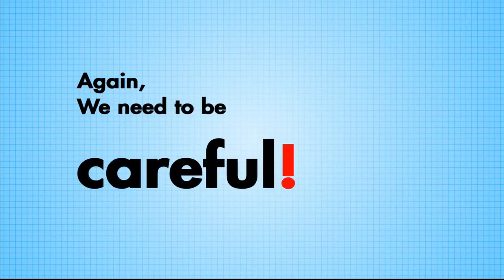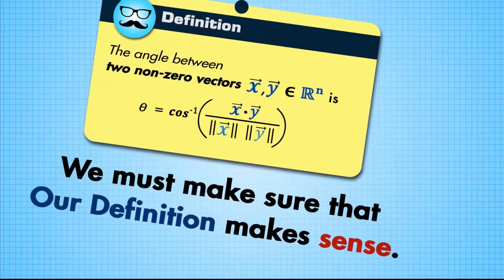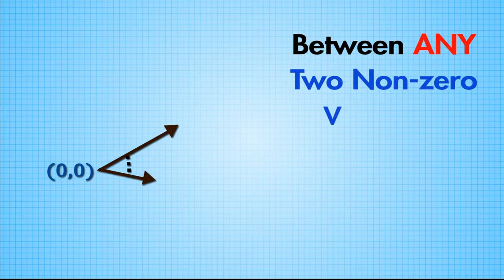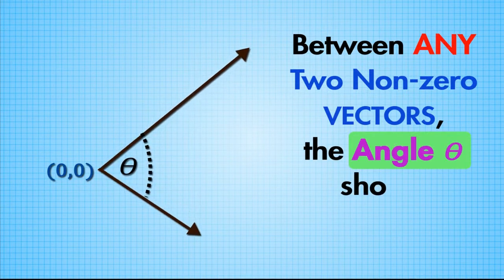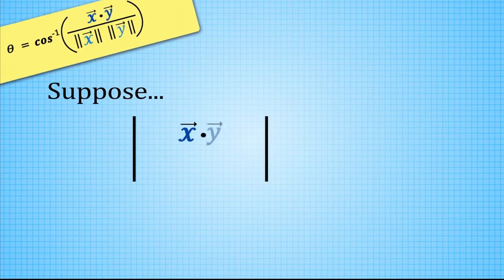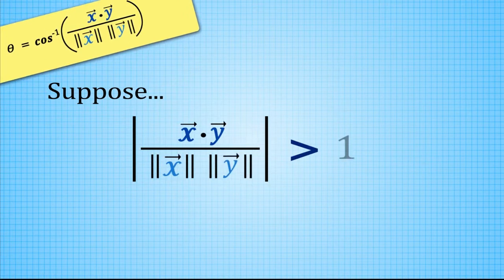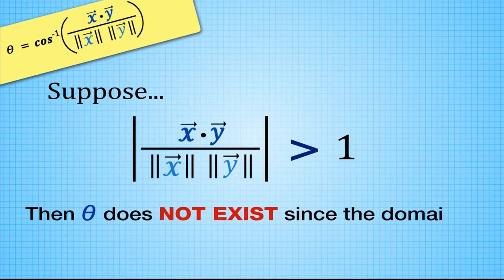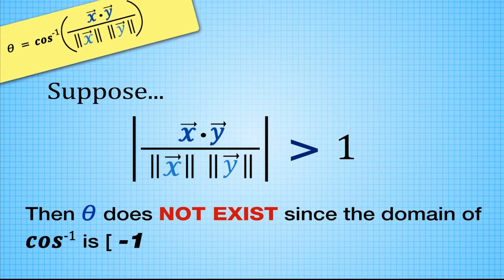Again, we need to be careful. We must make sure that our definition makes sense. Specifically, between any two non-zero vectors, the angle theta should always exist. Suppose that the dot product of x and y divided by the norm of x and the norm of y is greater than 1. Then theta does not exist since the domain of inverse cosine is negative 1 to 1.